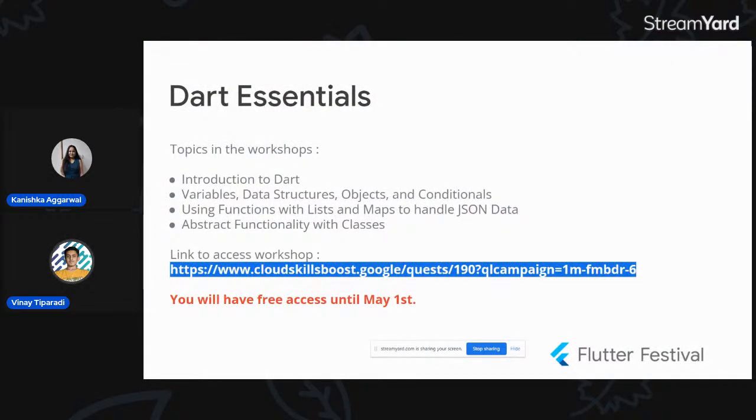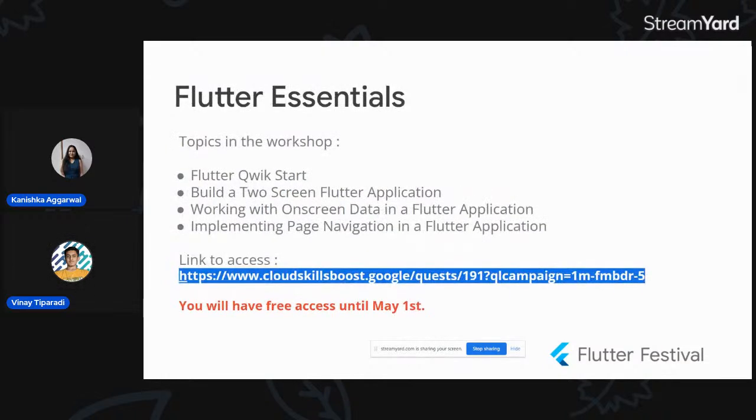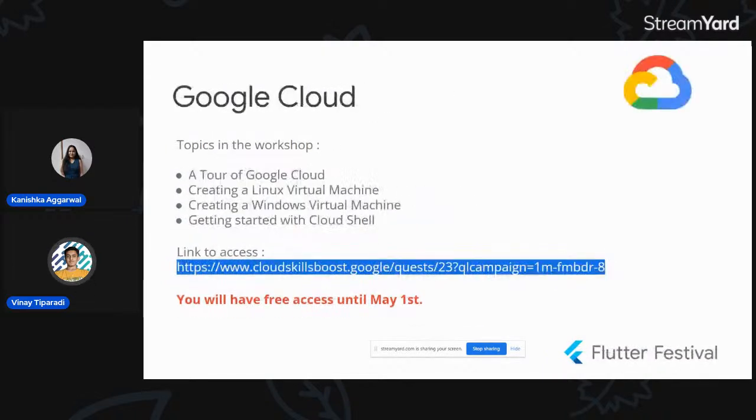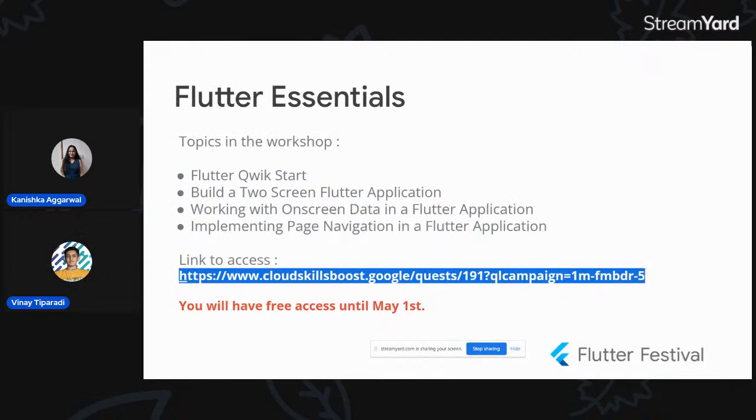We also discussed which labs were provided: Dart Essentials, Flutter Essentials, Flutter Development, and Google Cloud. In today's session, we'll be covering Flutter Essentials. From this lab, we'll cover the first two: Flutter Quick Start, and build a two-screen Flutter application. So without further ado, let's get started.